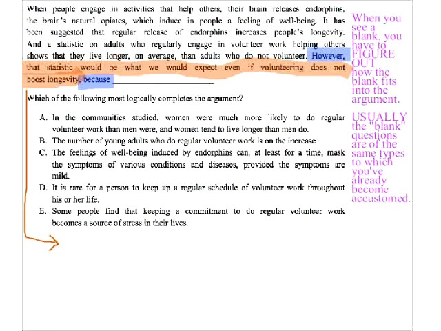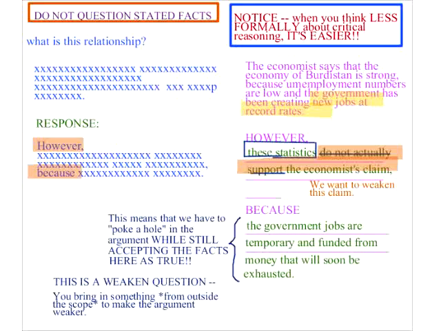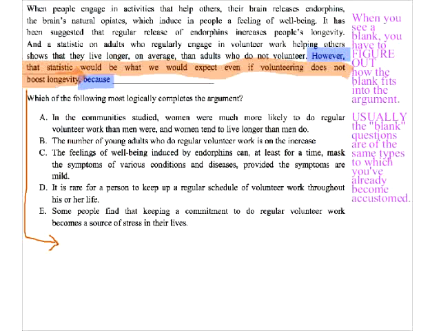This is harder than the one on the last slide, because I'm going to switch slides here. These statistics do not actually support the economist's claim. Okay, fine, that's pretty straightforward. I mean, you have a claim and you are going to try to weaken it. That's right out there. Here, on the other hand, we don't have something that says, however, XXXXX is not necessarily true. So we have to do a little bit of inferring here.